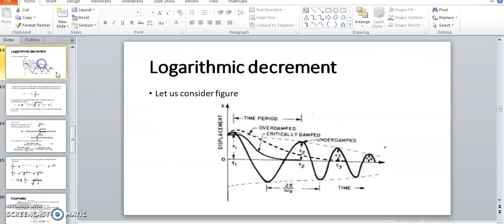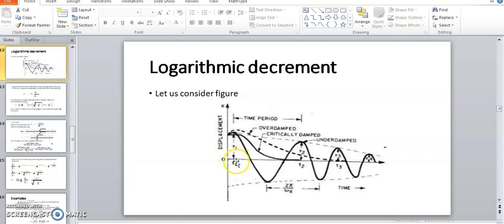If we plot a displacement time plot for this underdamped case, we observe this curve. On the x-axis there is time, on the y-axis there is displacement.